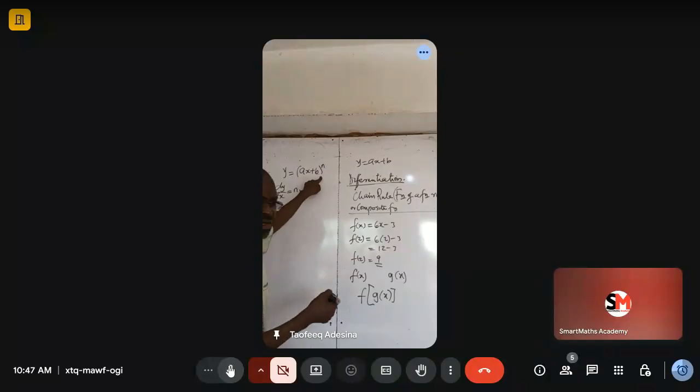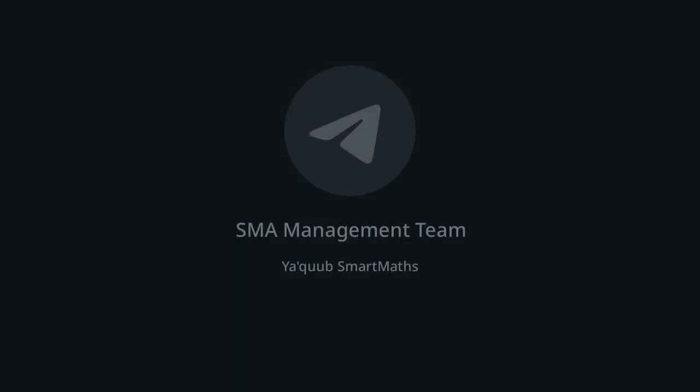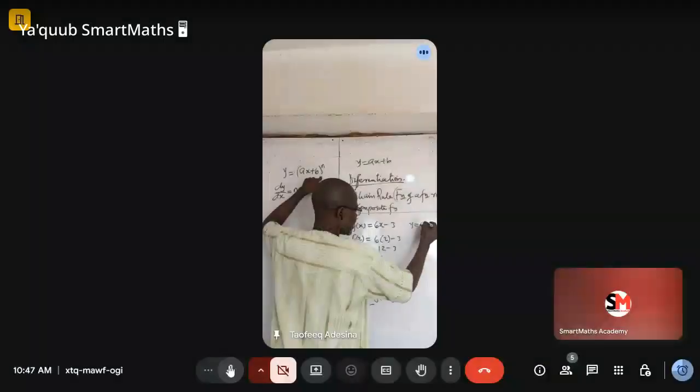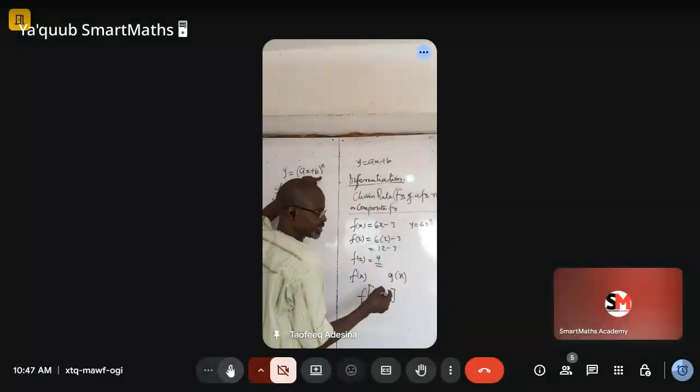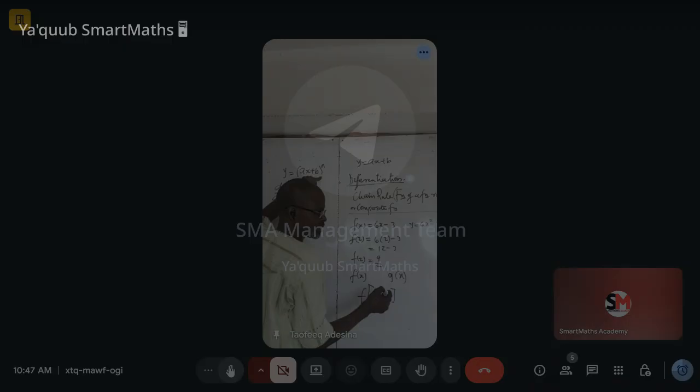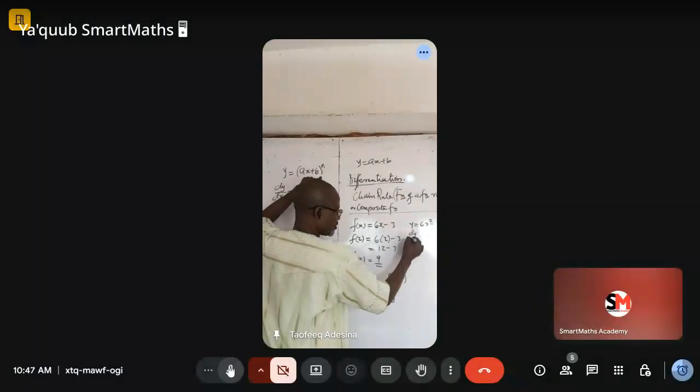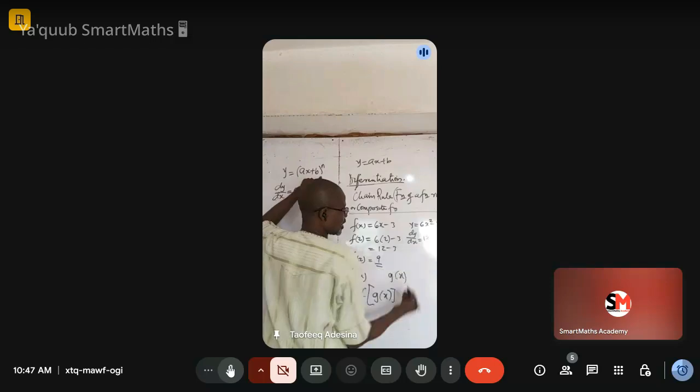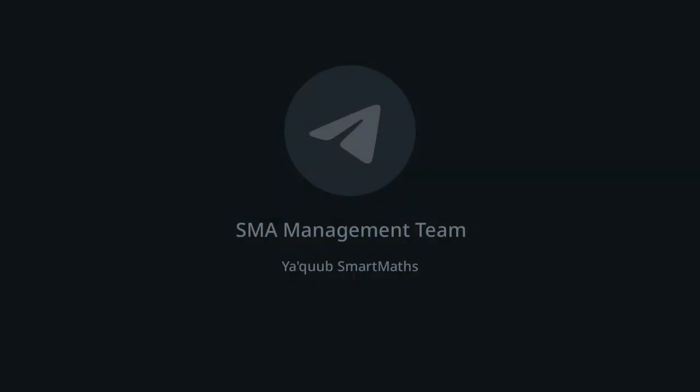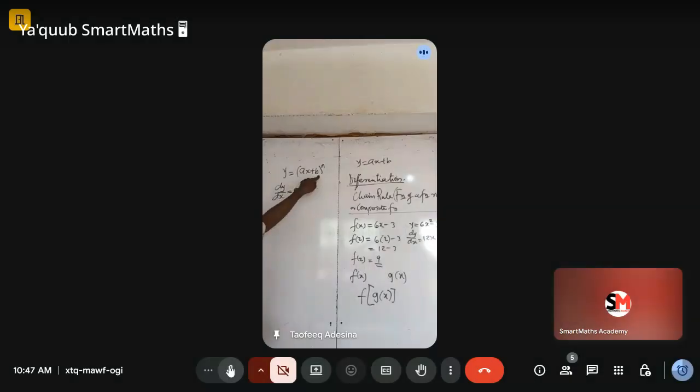What I mean is, if I say y equals 6x squared minus 3, that is the differentiation we did earlier, which gives 12x minus 0. You don't need the minus 0. When you differentiate the inside, ax plus b, it's going to give you a.